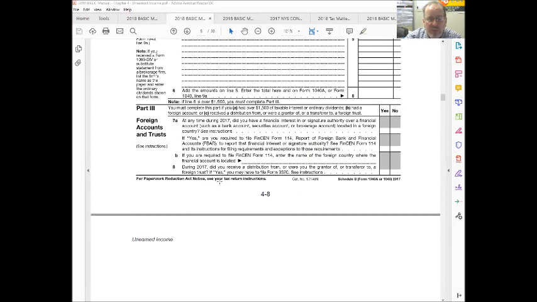Down at the bottom, part 3, foreign accounts and trust, all right? Don't worry about that, okay? That's kind of some of the advanced stuff. Just know the one thing down there, if somebody talks to you and you end up with a return where, say that you have somebody that is a U.S. citizen, but they are married to somebody from Canada, living in Canada, they still have to file a return.